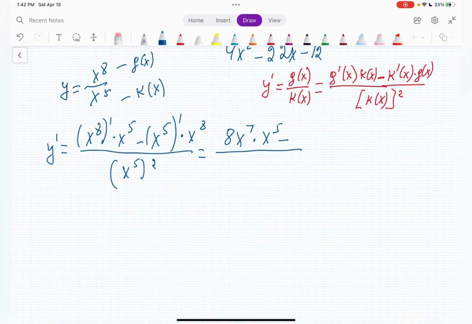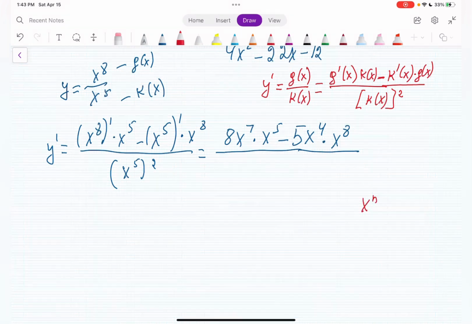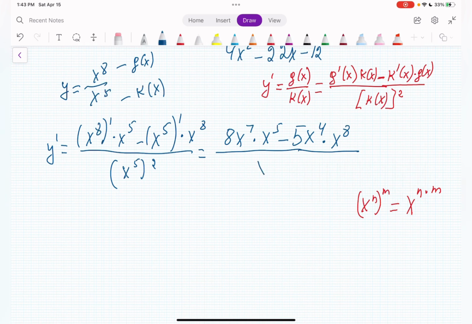And then minus the derivative of x to 5, it's going to be 5x to 4, right? Minus 1, times x to 8. And here we have x to 5 to power 2. That's x to power n raised to power m is equal to x to power n times m, which in this case is 5 times 2, which is 10.